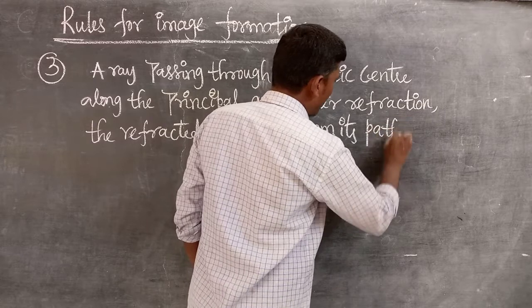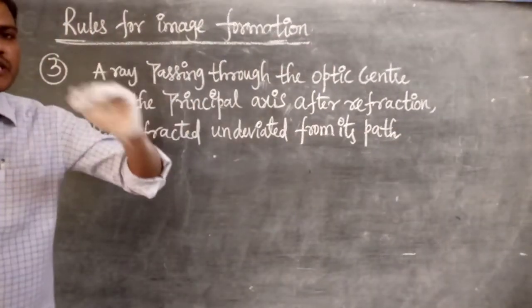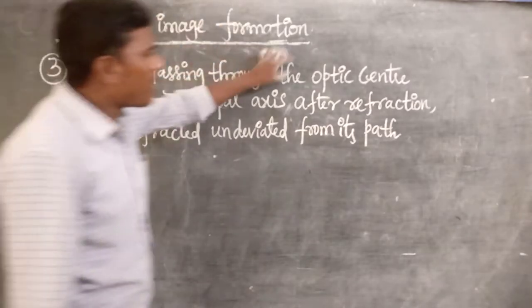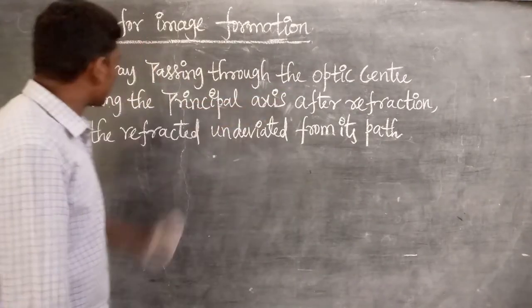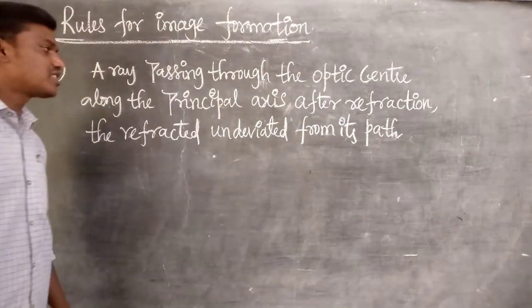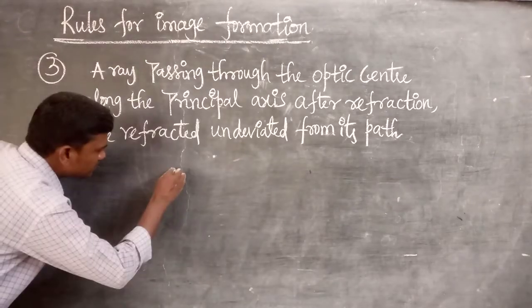It is nothing but, after the refraction also, the refracted ray is passing along the principal axis only. Listen very carefully. A ray passing through the optic center along the principal axis, after refraction also, the refracted ray is undeviated from its path.